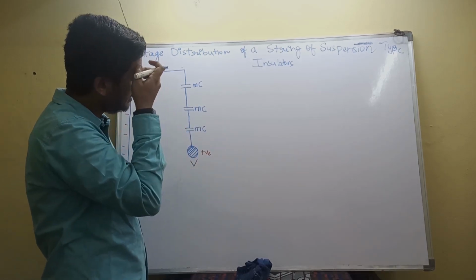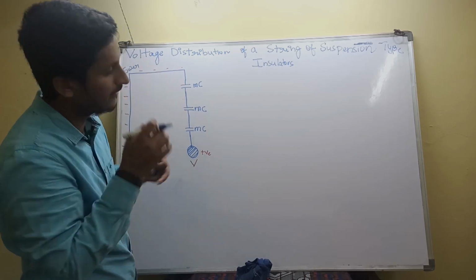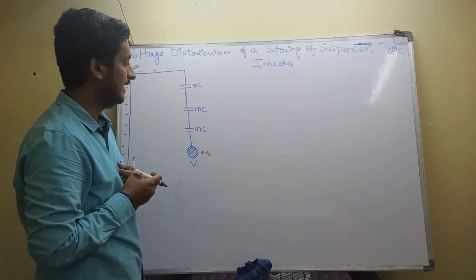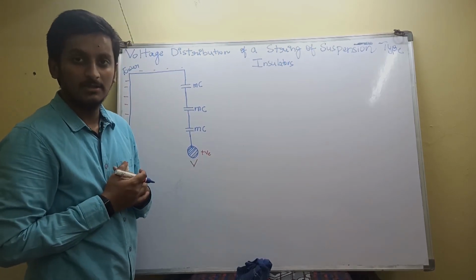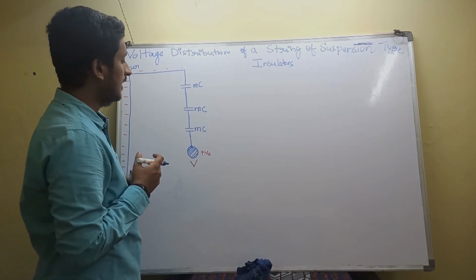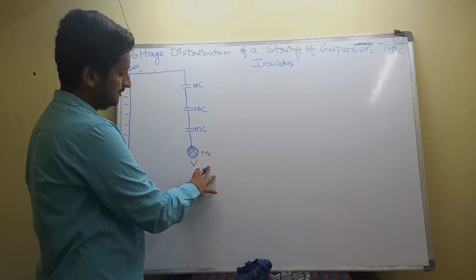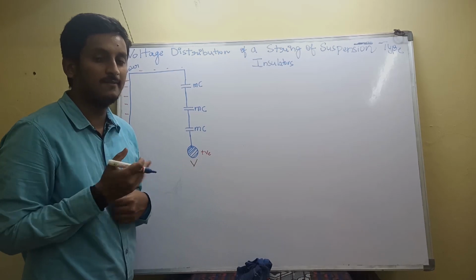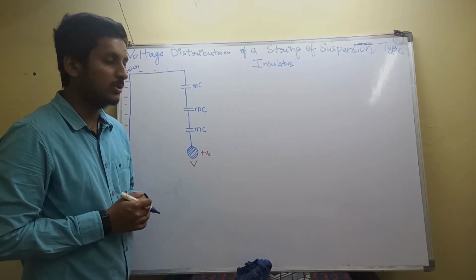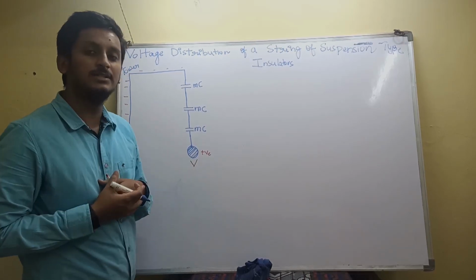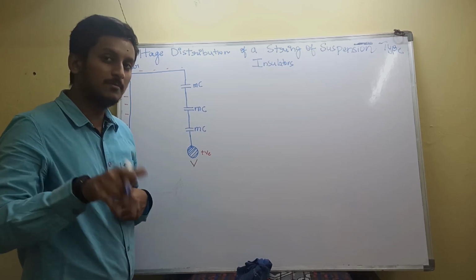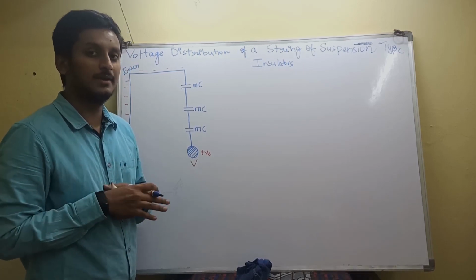Now it is very clear that there is existence of capacitance when you place an insulator. I am telling this because you should understand why this capacitance is developed, although it is not exactly the reason, but to remember it and understand it, I am telling you this.